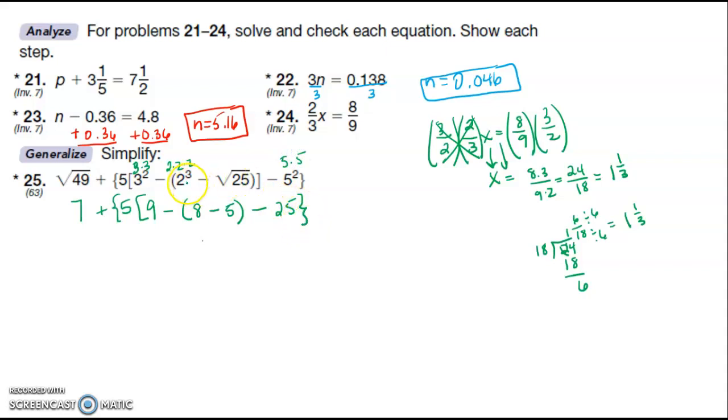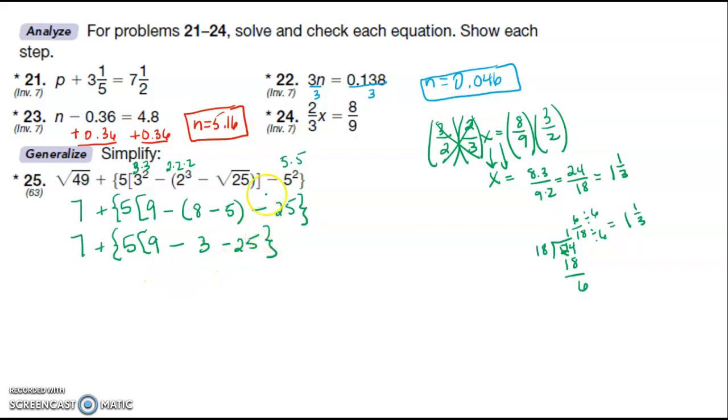Okay, so I kind of did the exponents as I went. Now I'm going to have to go to the very middle here. So I have 7 plus 5, 9, minus 8 minus 5 is 3, minus 25.